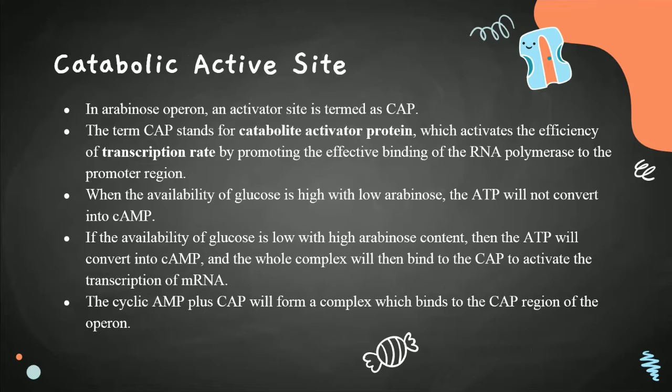All of these regulations we'll study in the further slides. You should know there is something called the catabolite active site where cyclic AMP and the CAP protein together bind and bring about a regulation in the arabinose operon.